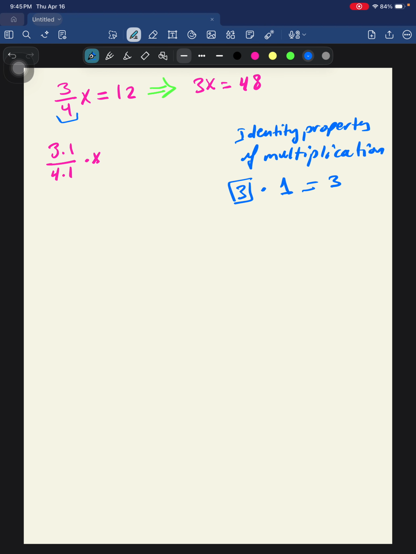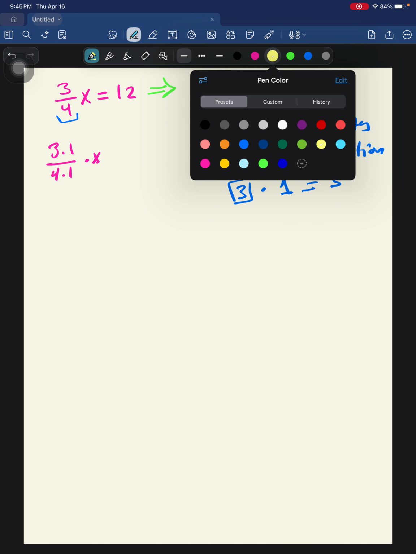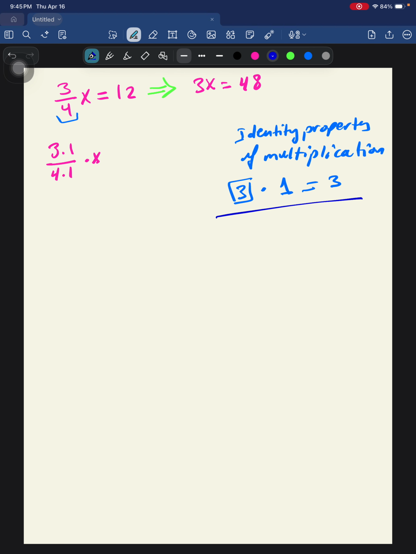Another property in math that we should care about is the commutative property, here the commutative property of multiplication. By this property, the order doesn't matter.